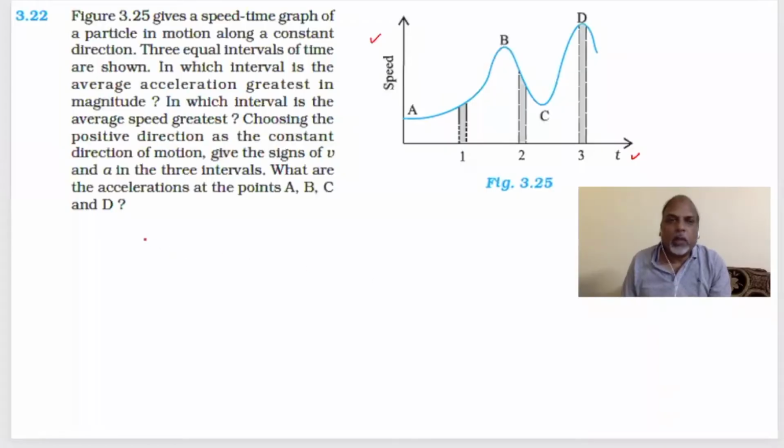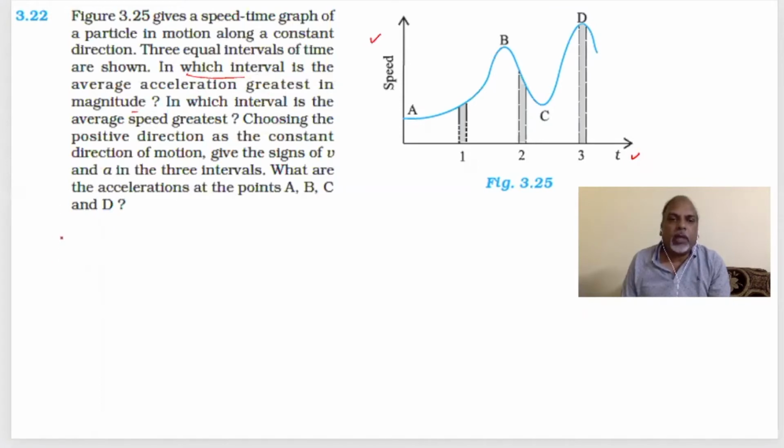Well, folks, now we will come to question number 22. In question number 22, there is again a graph given, that is a speed-time graph, and here 3 time intervals are there. So what they are asking is, in which interval is the average acceleration greatest in magnitude?